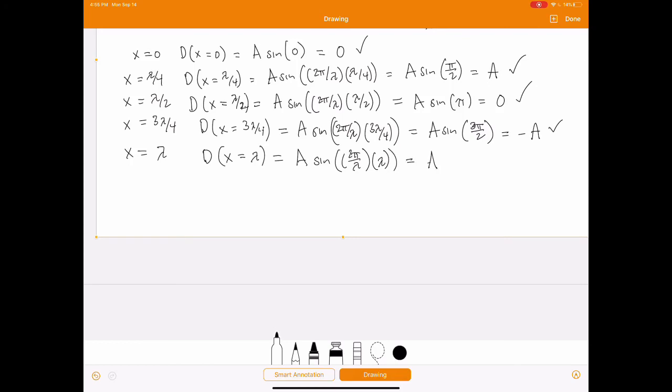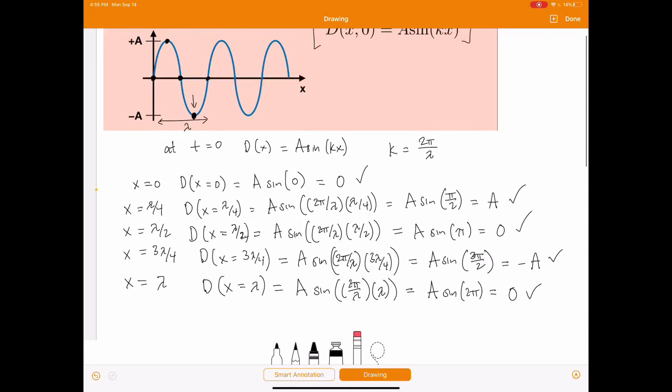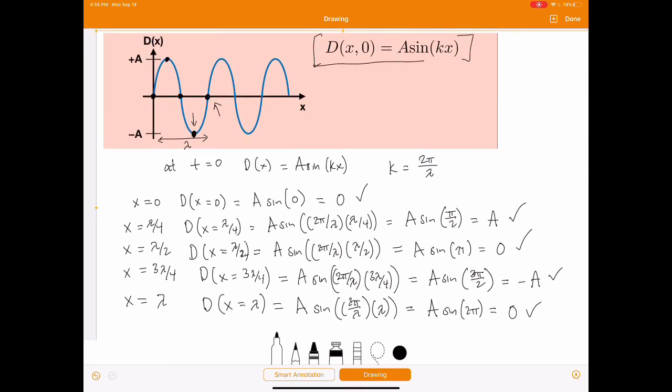So now we have A sine 2 pi. Sine of 2 pi is back to 0. So is that the case? After one wavelength, are we at 0 displacement? Yes, we are. So the point of all this is that this works. It describes the wave we're looking at. And so then we can go from there.